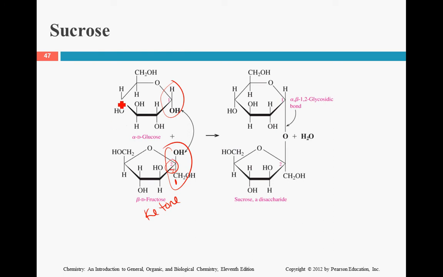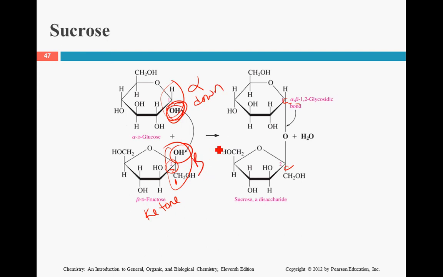The other two did it on opposite sides. This one is more of a stacking. So these two things react to form this ether here, carbon, oxygen, carbon, which is why it's considered an ether, forming this bond, alpha, beta. Alpha means that the first OH group is pointing down.